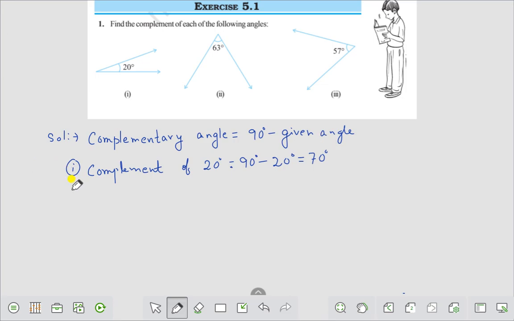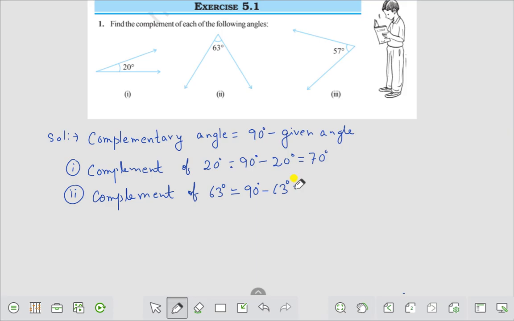Number 2, complement of 63 degrees. The complement of 63 degrees is equal to 90 degrees minus 63 degrees.